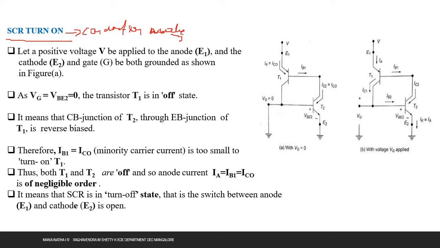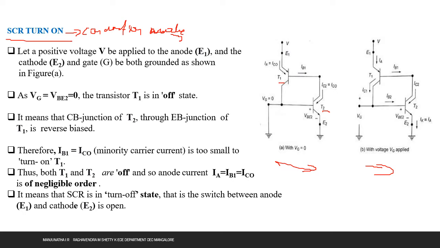Before we go into the SCR turn on condition, let us discuss this SCR circuit here, figure A and figure B. SCR has a two transistor model, right? Transistor 1 and transistor 2.